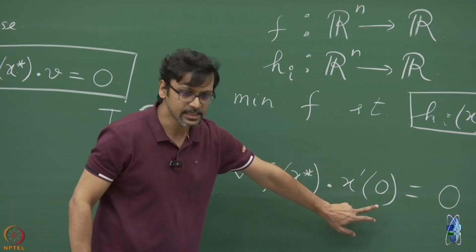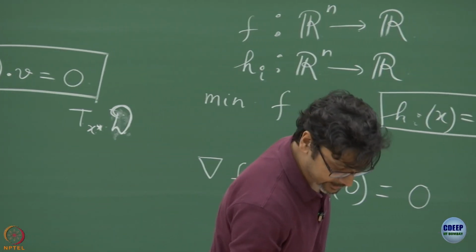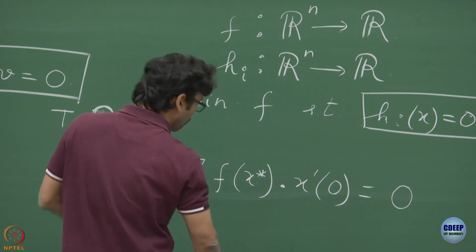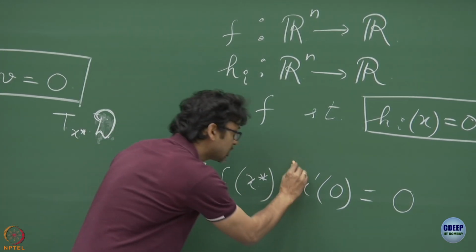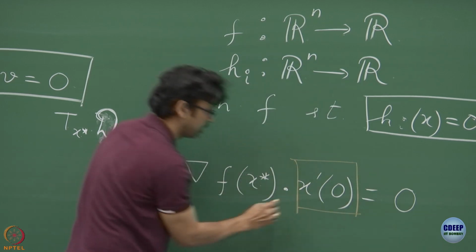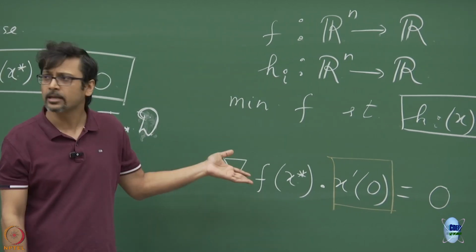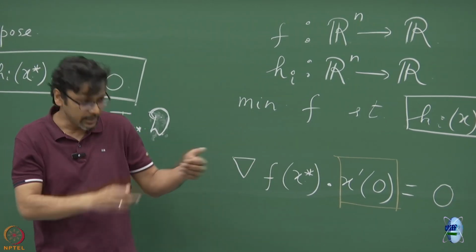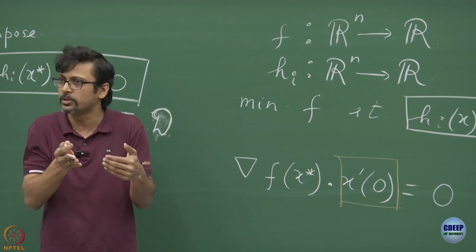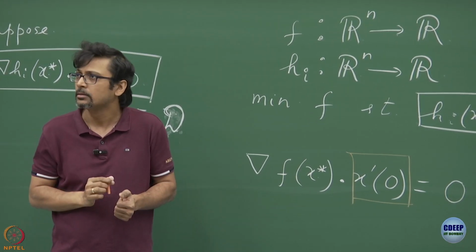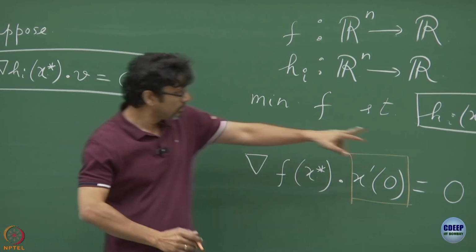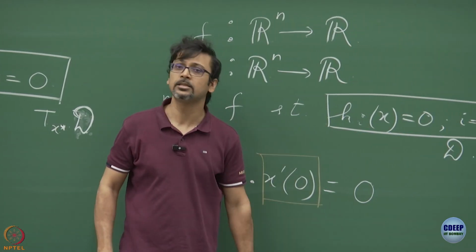And what exactly is this? In fact, this is exactly what motivated us towards the characterization of the tangent space, because this object sitting here is an object that tells you a feasible direction of traversal while maintaining the constraints. So it's a legitimate tangent direction on the manifold, which is described by these equality constraints D.